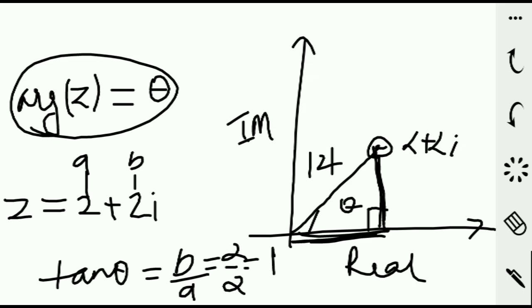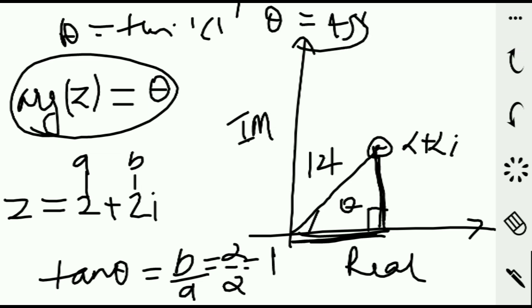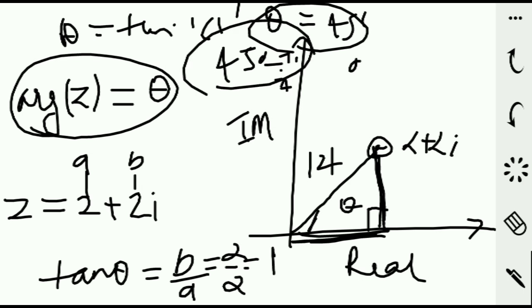So what will theta be? Your theta will be equal to tan inverse of 1. So tan inverse of 1 is 45 degrees, so theta is equal to 45 degrees. So your argument of z is equal to 45 degrees, that is equal to pi by 4. In radian form, you can write the argument of z is equal to pi by 4.